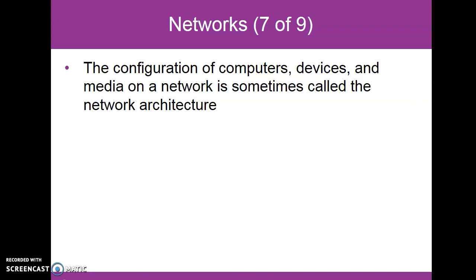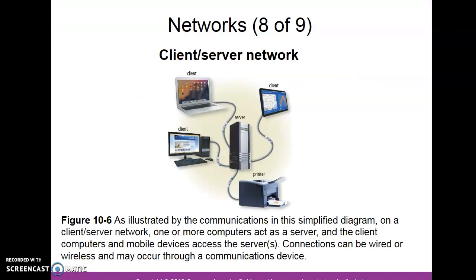Now let's move to network architecture. The configuration of computers, devices, and media on a network is sometimes called the network architecture. Basically there are two examples of network architectures, which are client-server or peer-to-peer. Now let's start with client-server. On a client-server network, one or more computers act as a server, and the other computers on the network request services from the server.